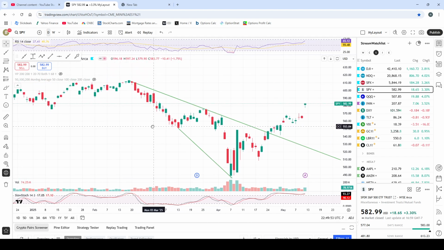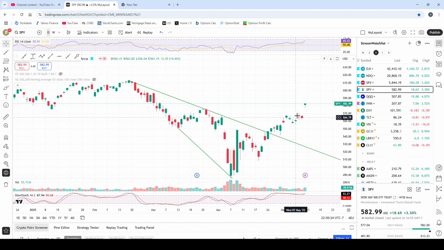The trend was going down. So high, lower high, lower high. Oh, I'm sorry. High, low, yeah, lower high. This is lower high. This is lower low, and this is lower low.